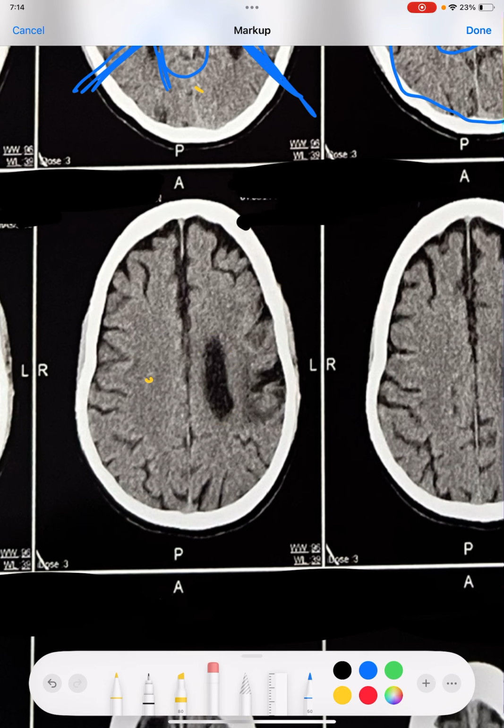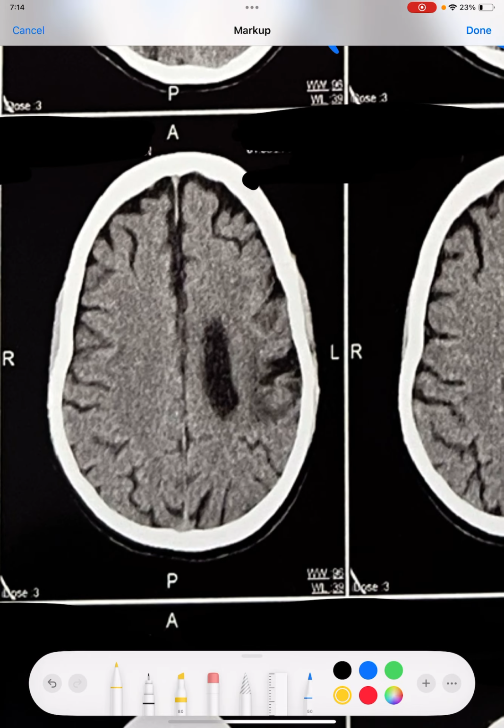If you look at the brain parenchyma very closely and compare this with this, we can see there is radiolucency. The radiodensity is pretty less here. This blackishness is not there on the other side.